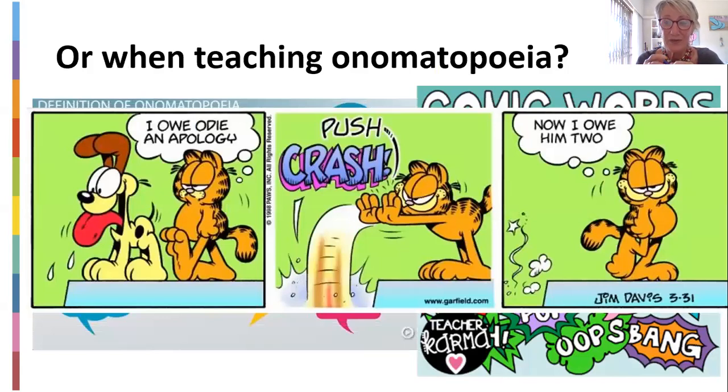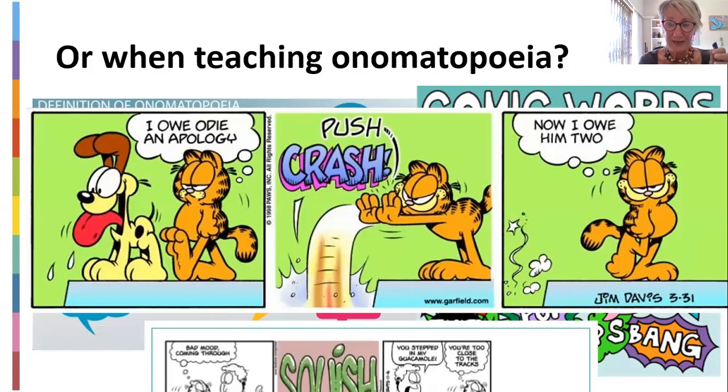And I just love Garfield. If you look at the second frame, where he's pushing Odie off the table, and you crash, okay, a lovely use of onomatopoeia. You could think about different other words that could come into frame 1 or frame 2, little spittle dripping off Odie's tongue, or the tail swishing in frame 3, so they could add things to that.